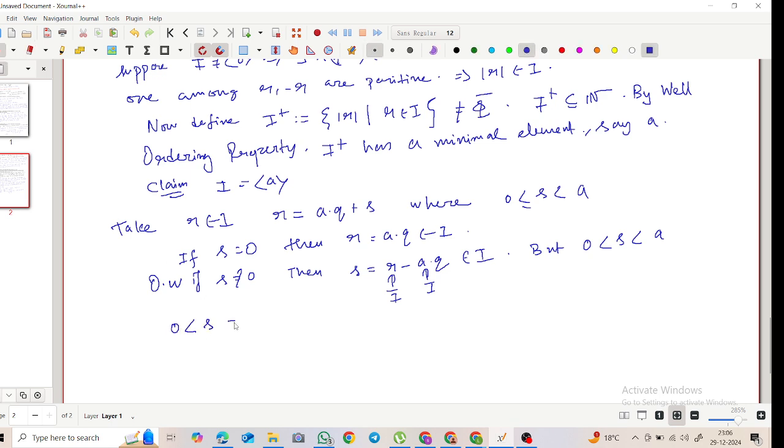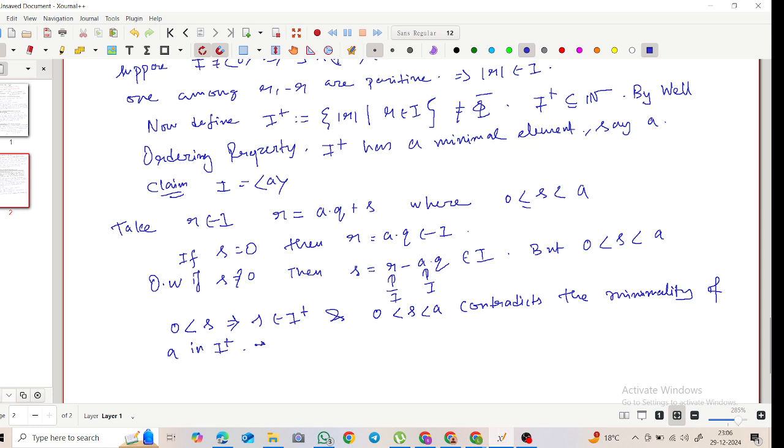Zero less than S implies S belongs to I plus, and 0 less than S less than A contradicts the minimality of A in I plus.